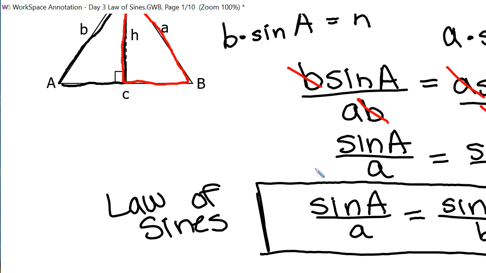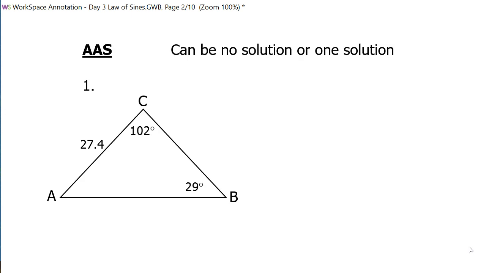Okay, so let's start. Now, the first case is if you are given angle, angle, side. AAS, remember from your geometry days, that stands for angle, angle, side. So if you are given angle, angle, side in a triangle, then you could either have no solution or you could have one solution.